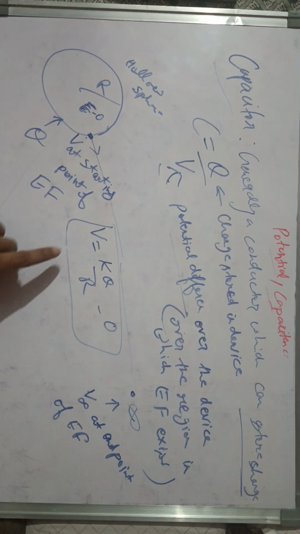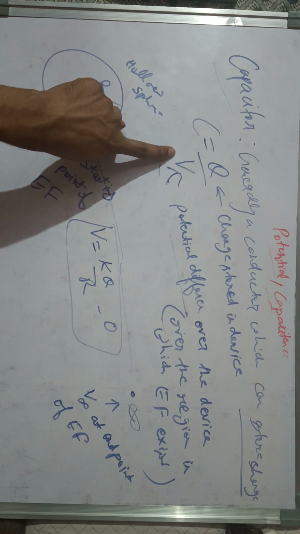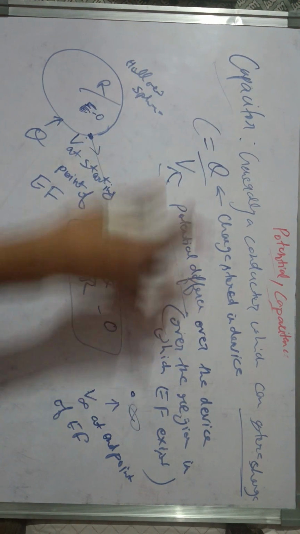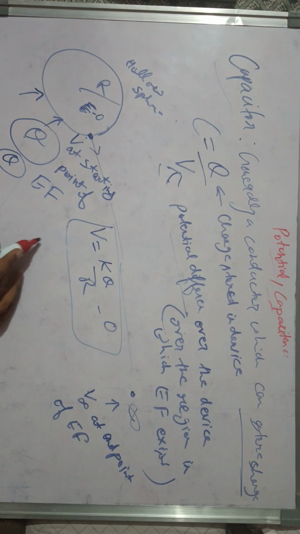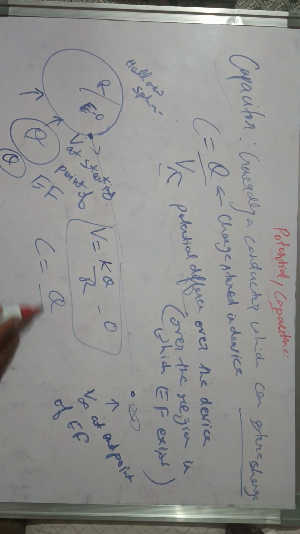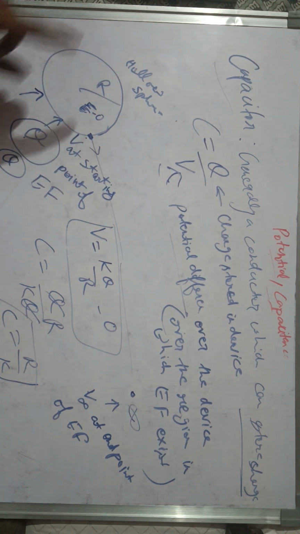So we have to take the potential difference between the starting point of the electric field and the ending point of the electric field. This will be the potential we will put here, and q is the charge given to the device. This is our device. So we will assume that this device has charge q stored. So the capacitance of the device will be C is equal to q stored divided by the potential difference kq by r. Q cancels q, we will get r by k. This is the capacitance of this conducting hollow sphere.